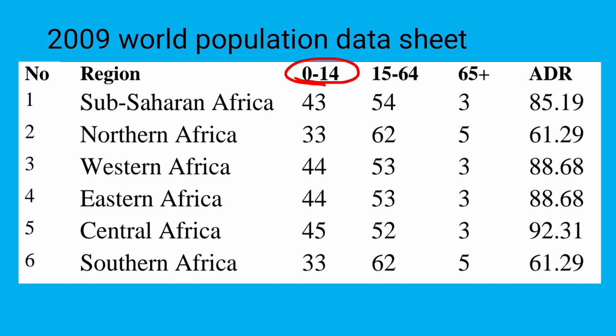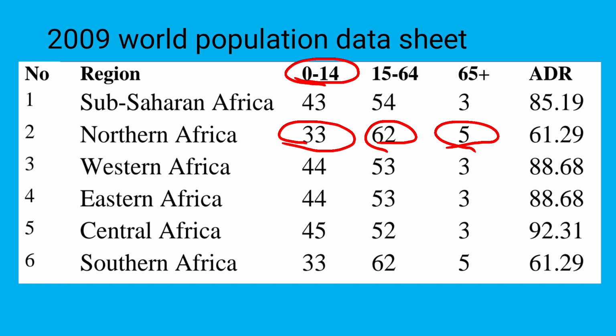Northern Africa is known to have 33% aged 0 to 14, whereas about 62% are working force and 5% are elders, and the age dependency ratio is about 61.3. Western Africa is known for having 44% aged 0 to 14, and the working force is 53%.